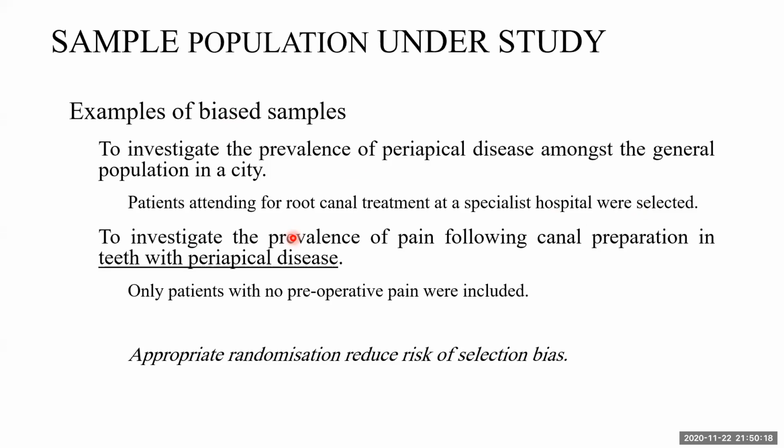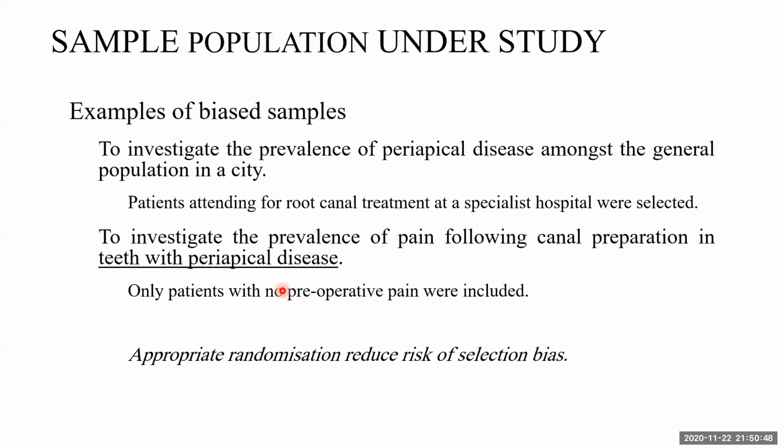The second example is to investigate the prevalence of pain following root canal preparation in teeth with periapical disease. In that case, only patients with no preoperative pain were included, which is a biased sample selection, because you included only the patients with no preoperative pain.